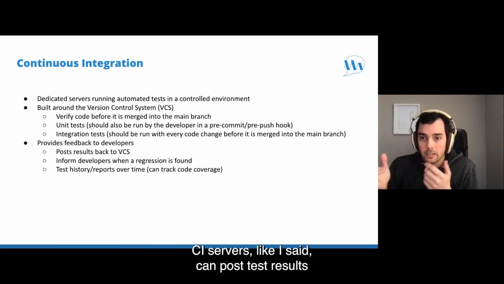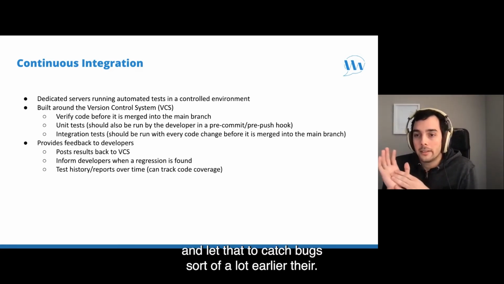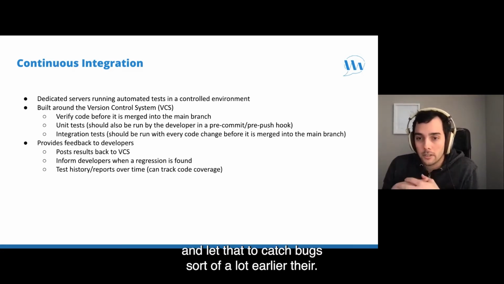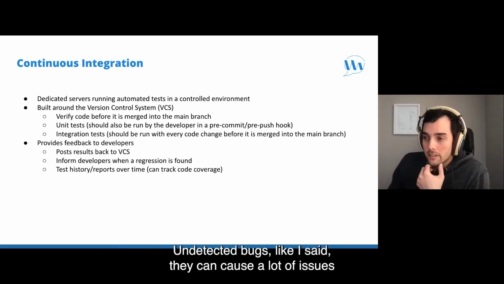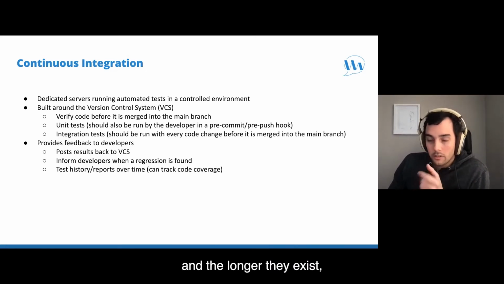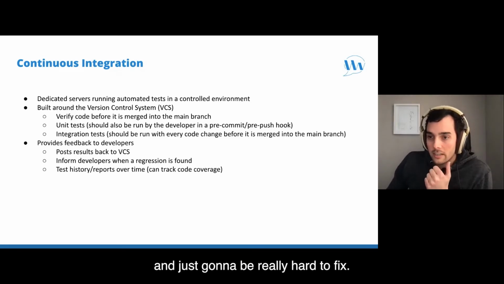CI servers can post test results back to the version control system, and let you catch bugs a lot earlier. Undetected bugs can cause a lot of issues, and the longer they exist, the risk of complexity gets bigger while new code changes are added, and it's going to be really hard to fix.